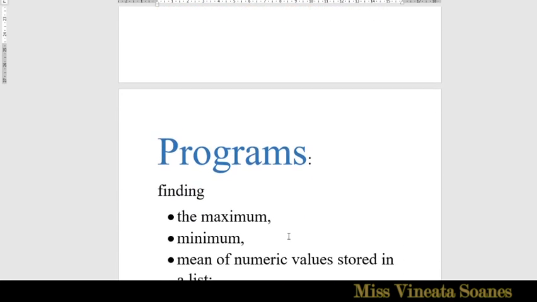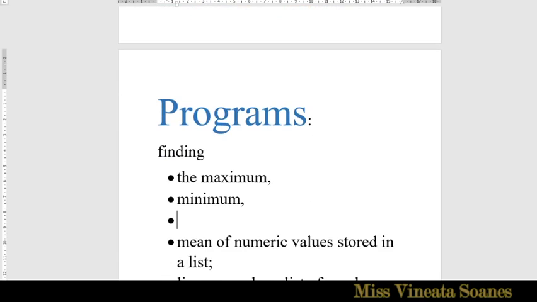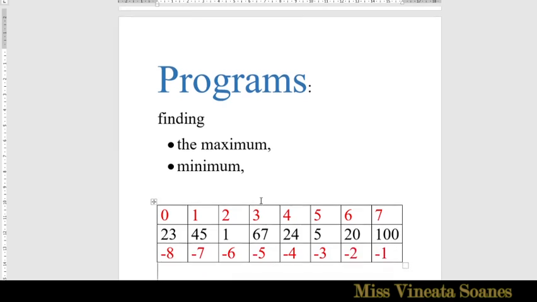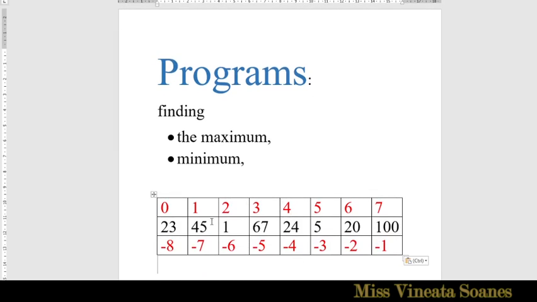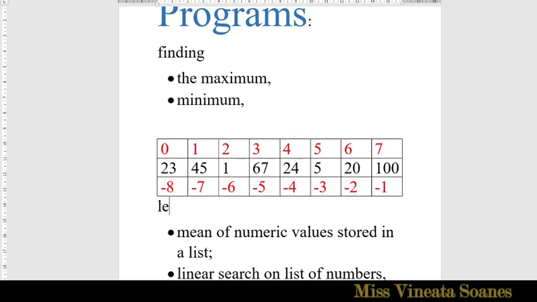This is about finding the minimum, right? So what will length have? What is the length of this particular example? The length of this particular example is 8 because we have 1, 2, 3, 4, 5, 6, 7, 8. So we have 8 as the value in length.